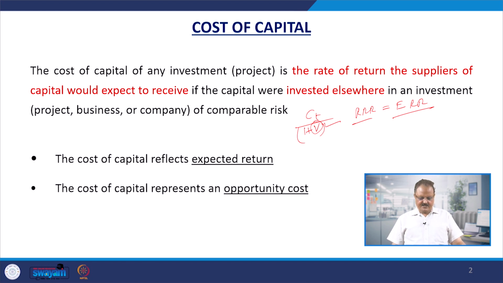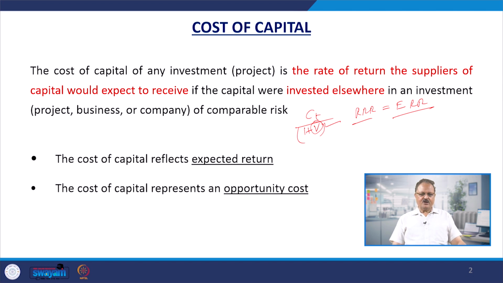So the first requirement, the common denominator, is that the risk has to be comparable when you calculate the opportunity cost of the capital, because this is the opportunity cost of capital. The cost of capital is basically the opportunity use of the capital, because if you are investing it into project X, which is a present investment option for us, then you are not investing it into project Y. So it's opportunity cost, right?